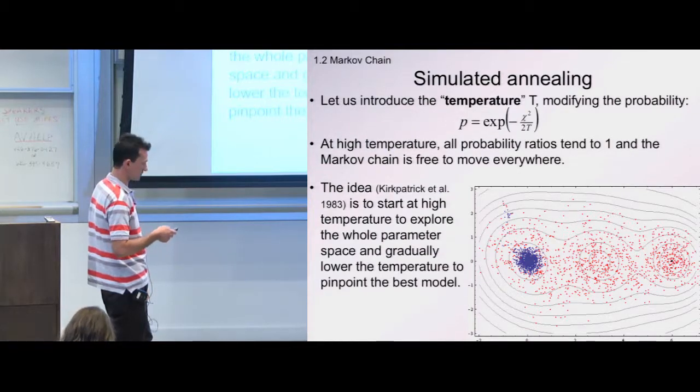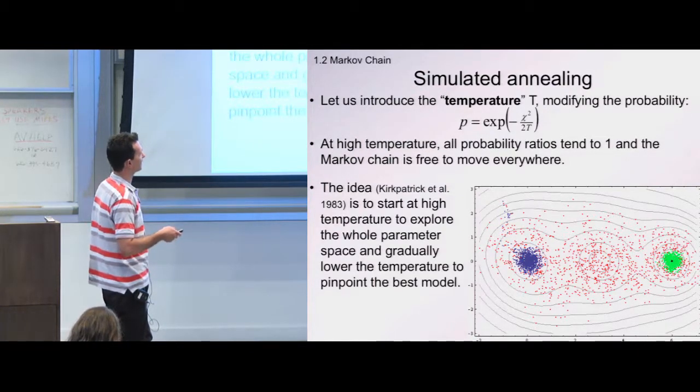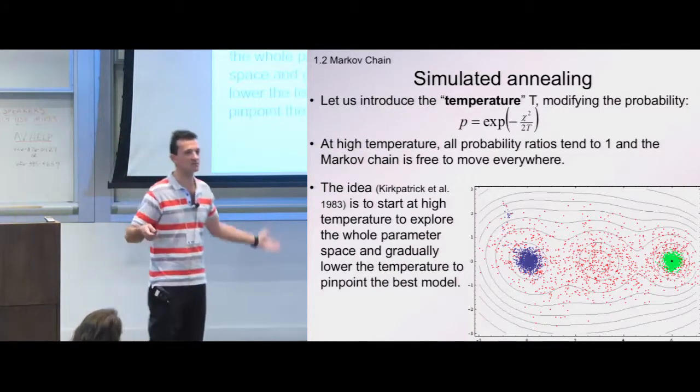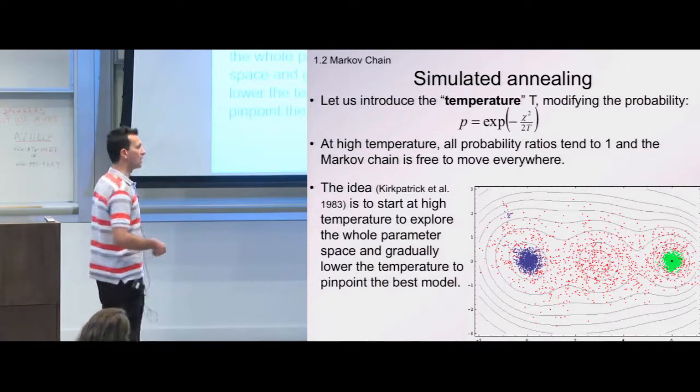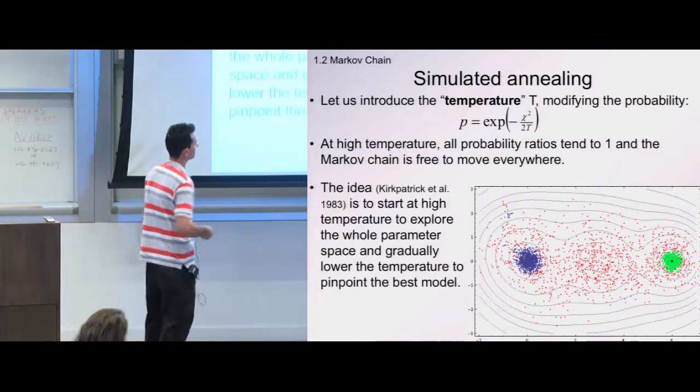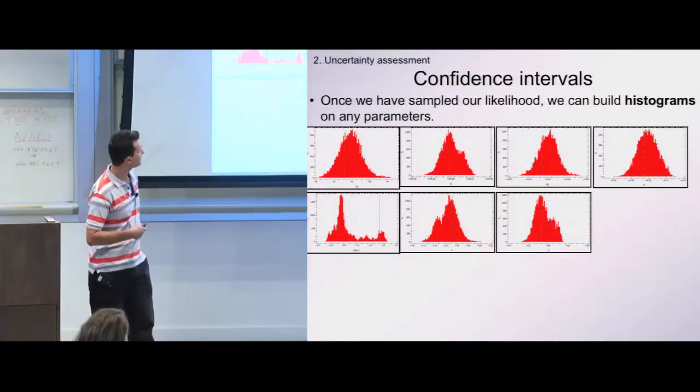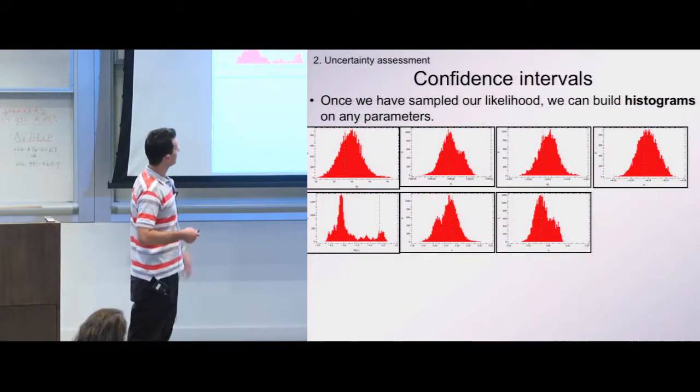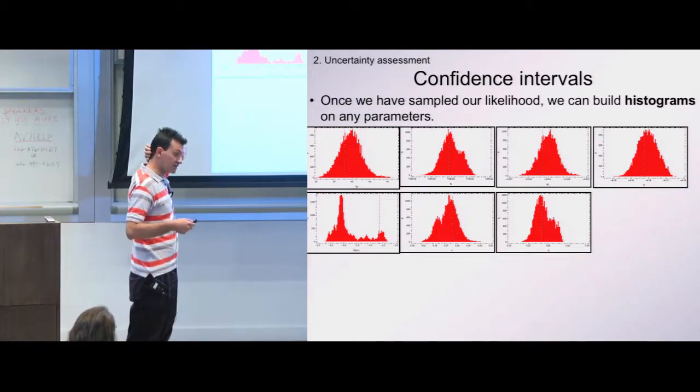Let's do an exploration here, and then you can start from the best model found from the first Markov chain at high temperature, and then your final Markov chain will sample the best minimum. So this is a way to explore a wide region in the parameter space with Markov chains. Okay. That's all about finding the best model.